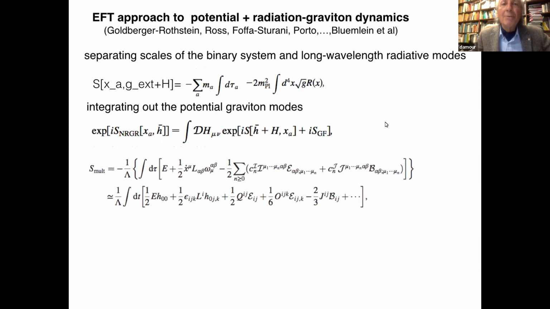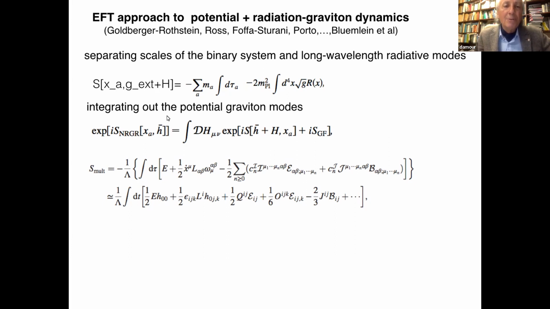Now, let me also mention the EFT approach, started by Goldberger, Rothstein, and others, where one is trying to separate the scales of the binary system and the radiative modes on the long wavelength.